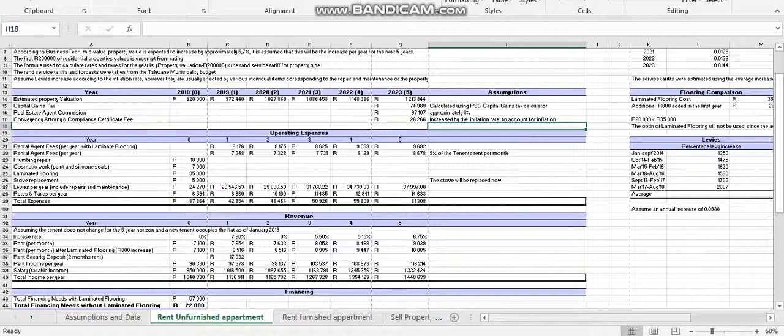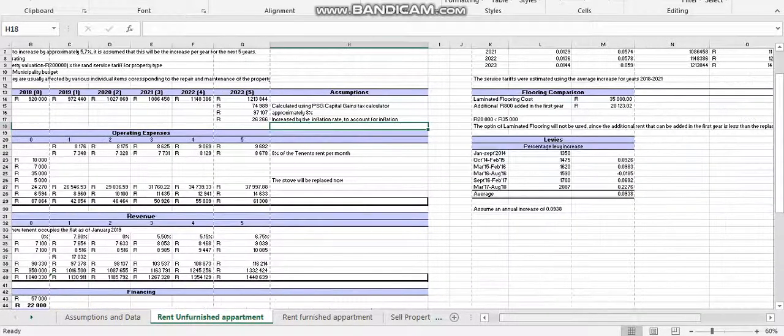The flooring, it was decided not to use laminated flooring, as the additional 800 rand that can be added does not make up for the initial 35,000 rand cost. The levies were calculated using the average inflation rate over the years, as there is no set or constant inflation or factor that leads to an increase in levies.